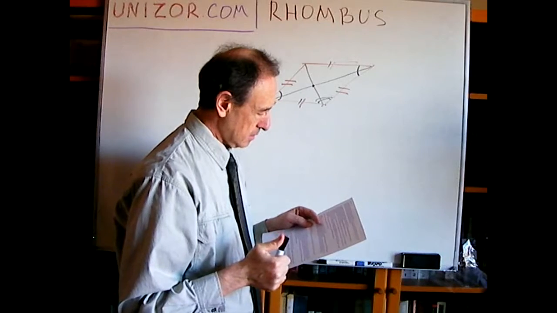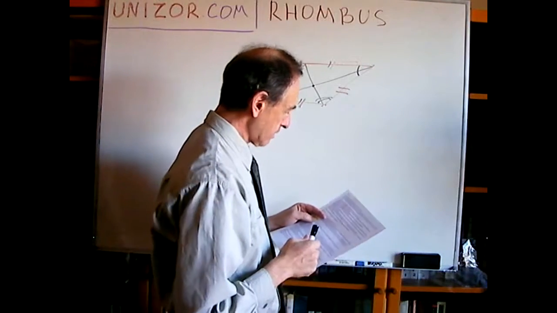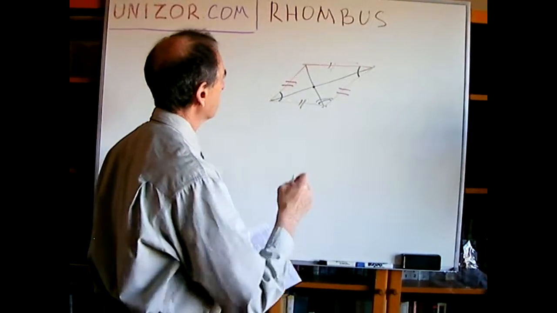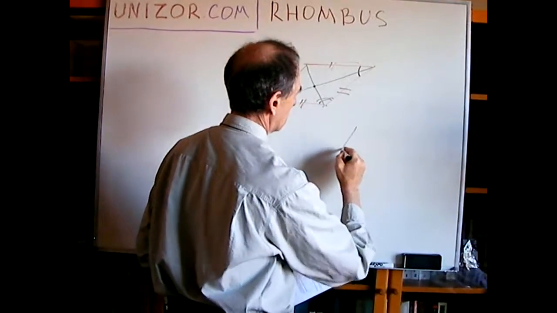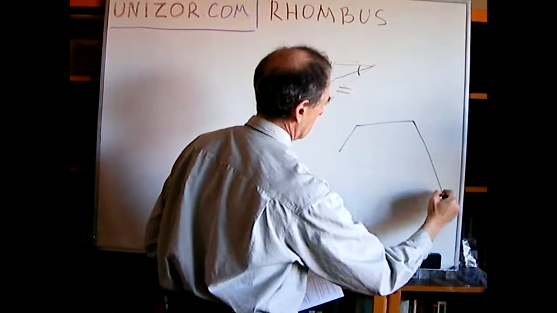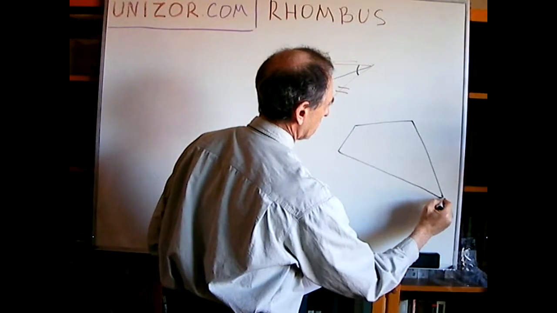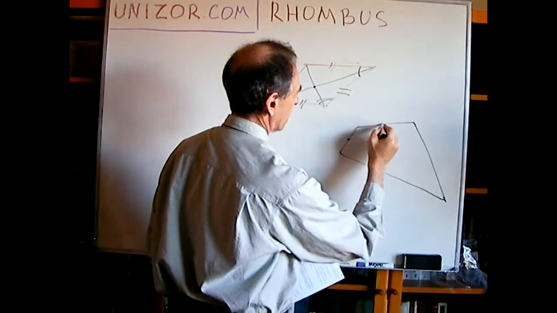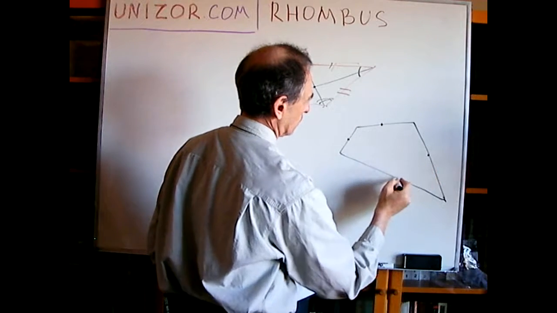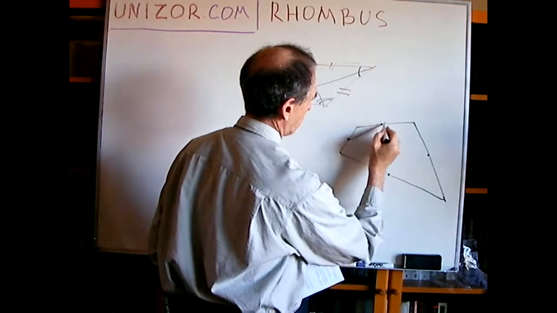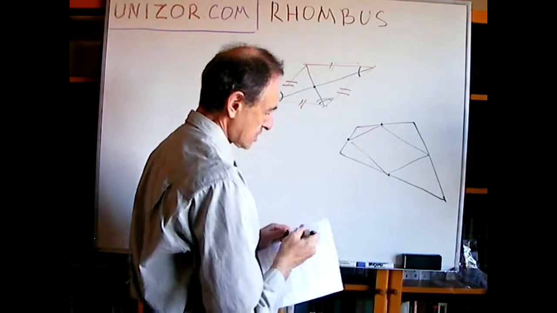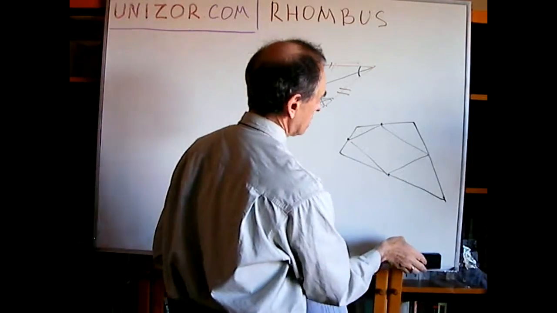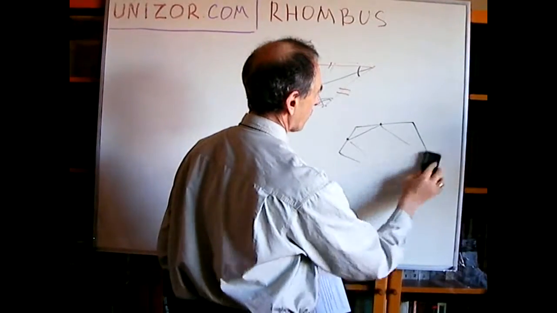Okay, and the last but not least, sequentially connected midpoints of any quadrangle form a parallelogram. All right, this is just a property of parallelograms and doesn't really matter for rhombus right now.